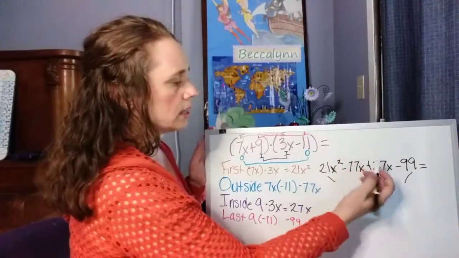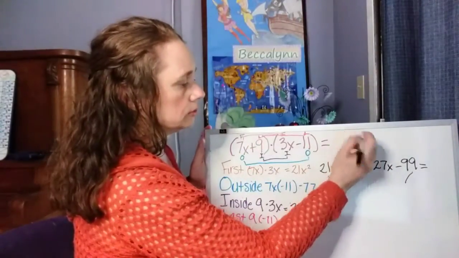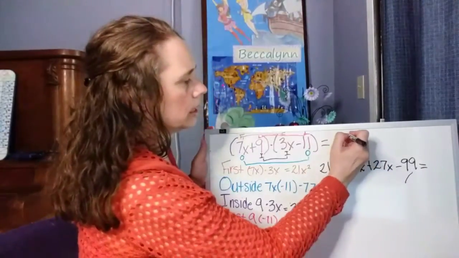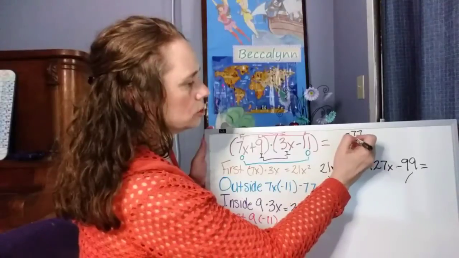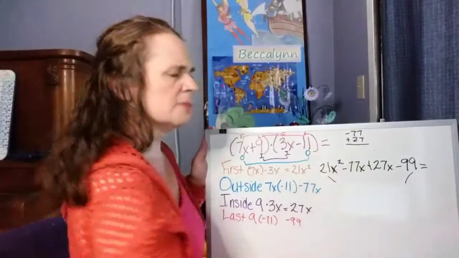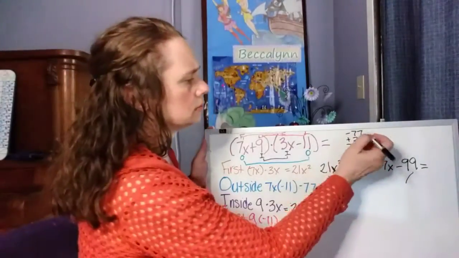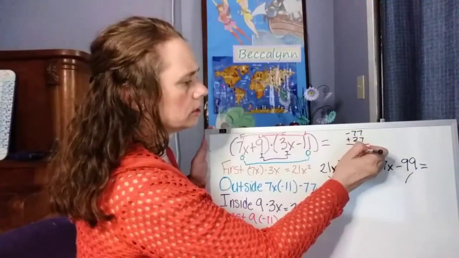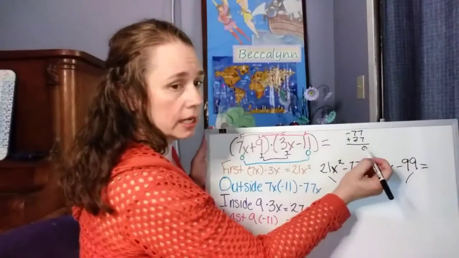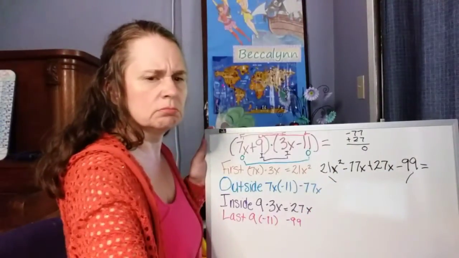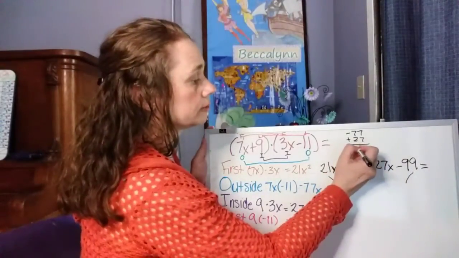So that's going to be a negative, we'll show the work up here, negative 77 and a positive 27. What's that going to be? Well, 7 minus 7 is 0, right? And 7 minus 2 is what? 5.